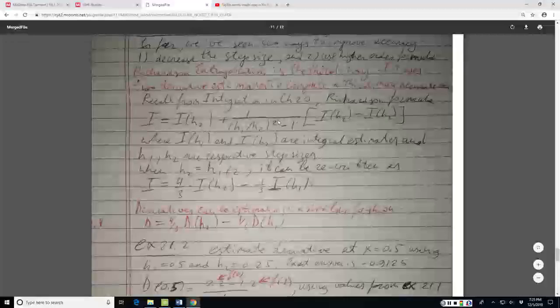Like I said, remember we talked about the Richardson extrapolation, where you could increase the accuracy of your integral estimate by using 2 different integrals, right? So here's the formula for this Richardson extrapolation. You had one integral estimate and another one. The only difference between them was the step size.